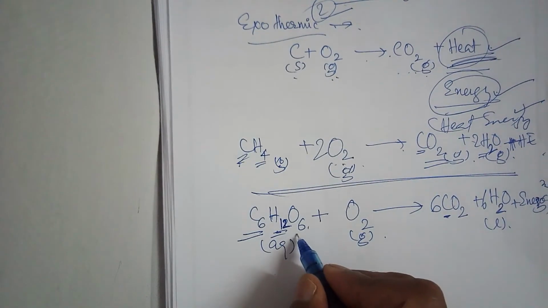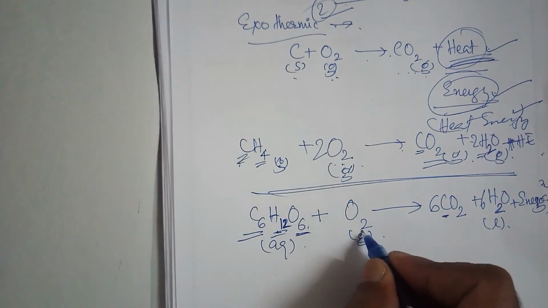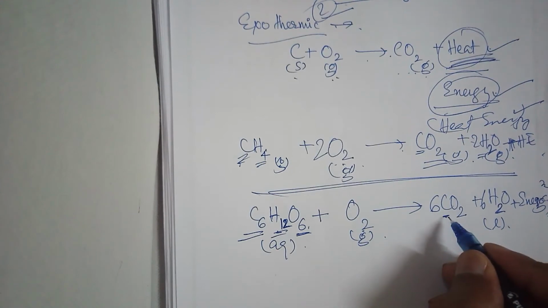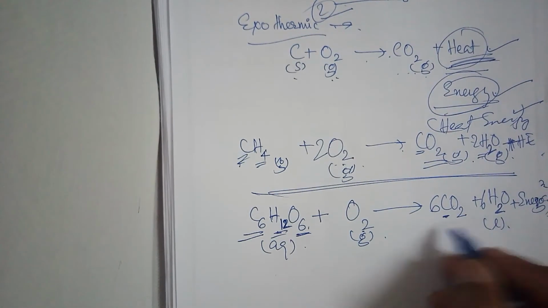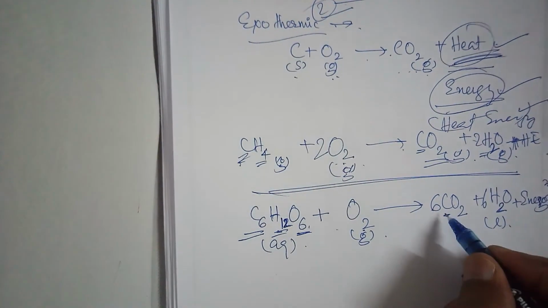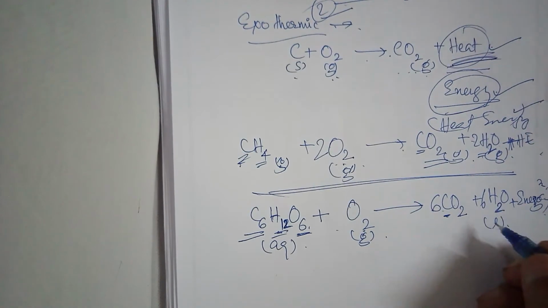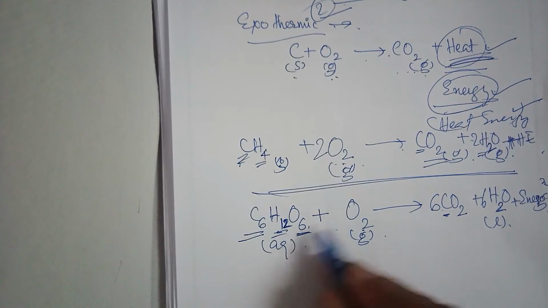How many oxygen atoms are here in the reactant side? 6 plus 2, that is total 8. So how many oxygen atoms here in the product side? Here it is 6 2s are 12 and 6, that is 18 here. So how will we get 18 in the reactant side?